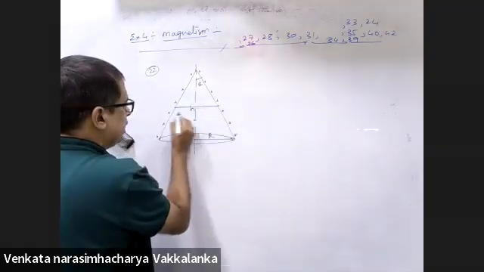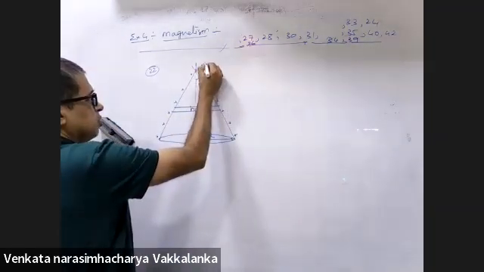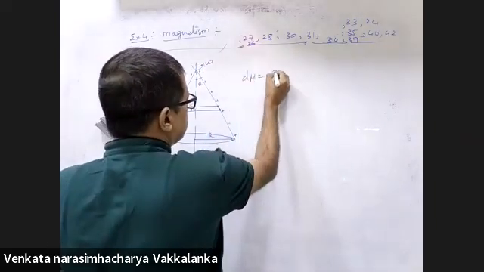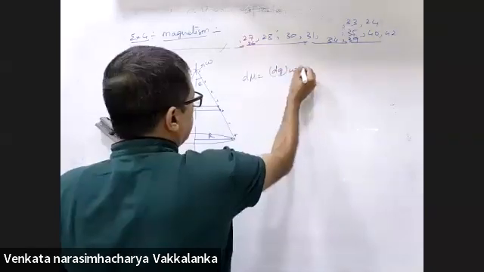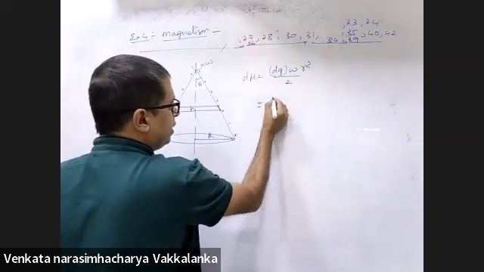Now consider an element. This is rotating with an angular velocity omega. d mu is dq omega r square by 2. How do I get dq?